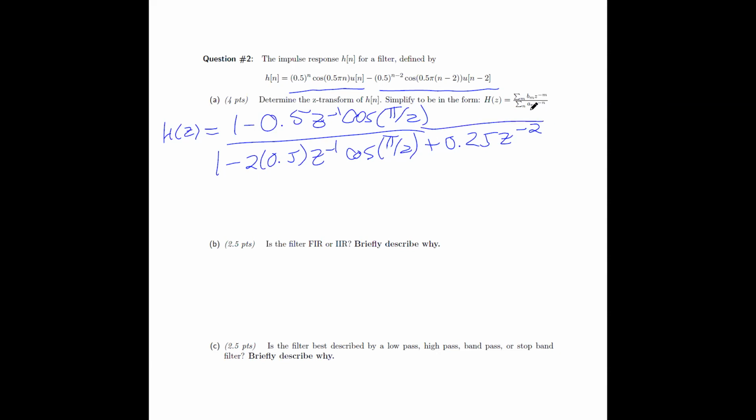What you're going to realize here is cosine of pi over 2 is actually 0. So it simplifies a lot to 1 over 1 plus 0.25 z to the negative 2.